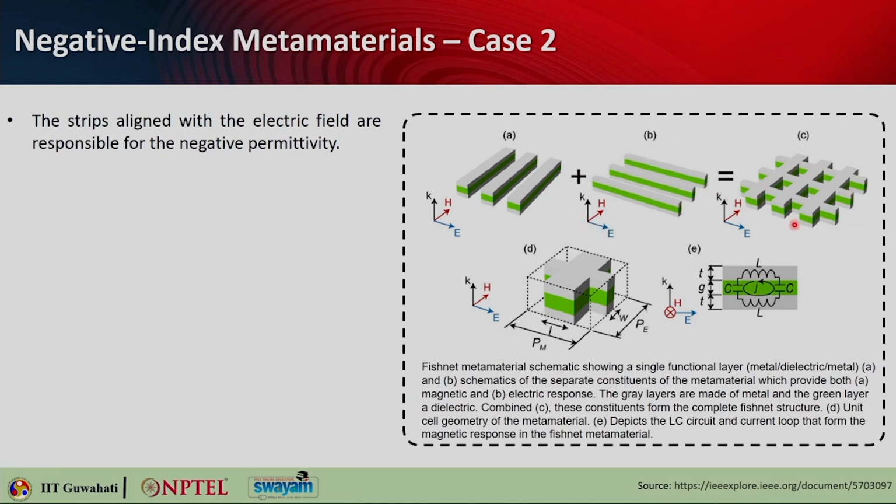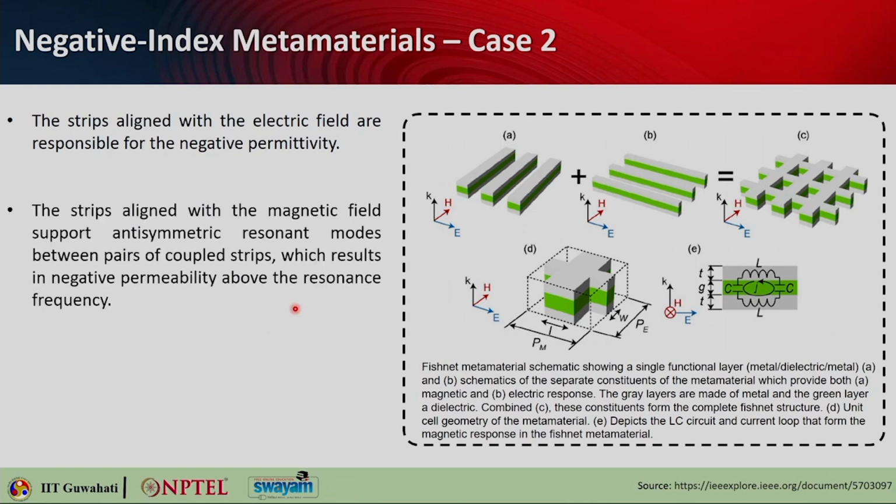Now you can understand which strips are responsible for the electric fields or the permittivity, and which strips are responsible for permeability, or you can say electric response or magnetic response. The strips which are aligned with the magnetic field support antisymmetric resonant modes between the pairs of the coupled strips, and this gives you negative permeability above the resonance frequency.